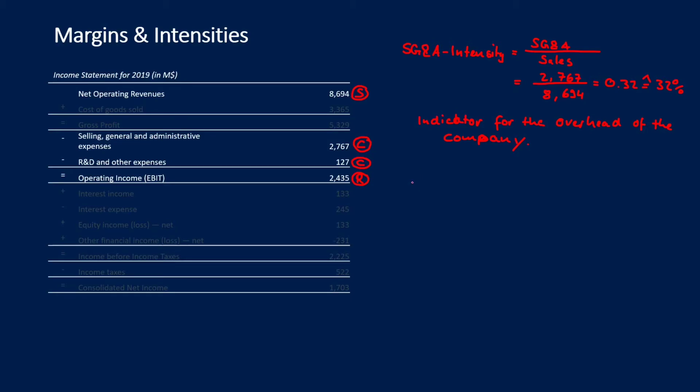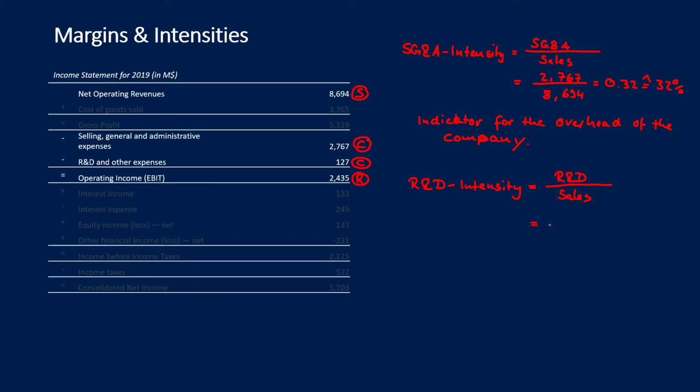The R&D, research and development intensity gives an insight about how much money is put into research and development of new products, and it is defined as R&D expenses divided by sales.